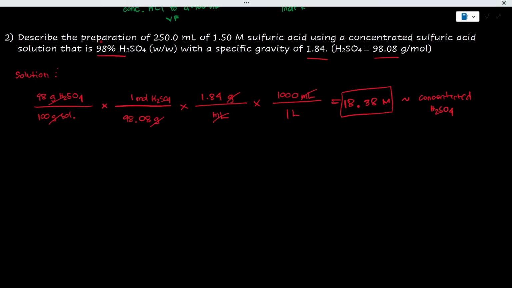Now let's use the dilution principle, C1V1 equals C2V2. We want to find V1, so V1 is C2V2 over C1.